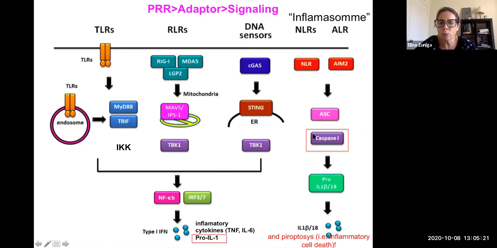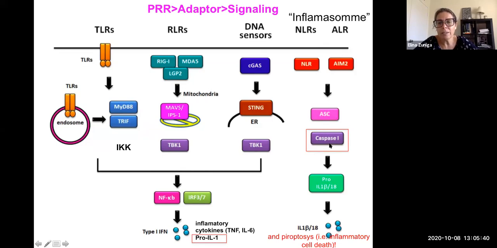And how is this caspase-1 activated? Well, many of these NOD-like receptors that are part of the inflammasome system can lead to the activation of caspase-1, okay?